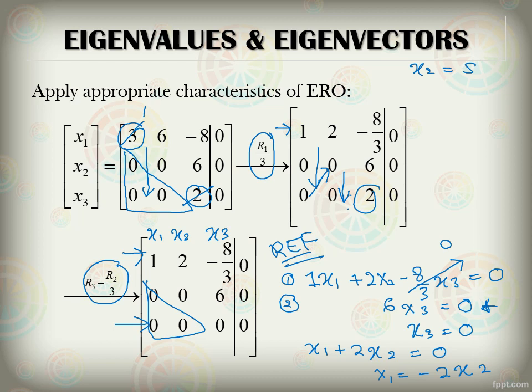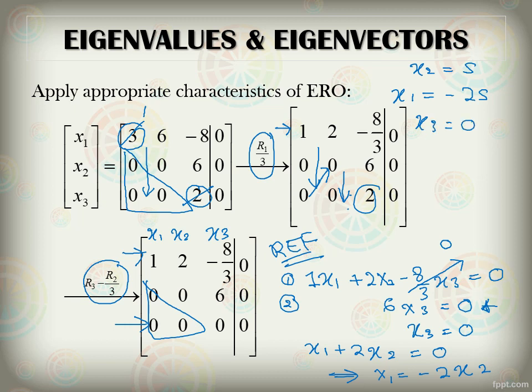Okay, once I do this, this equation will become x1 equal to minus 2s. Now you have the solution for your x1, x2 and x3. Your x3 equals 0 just now.